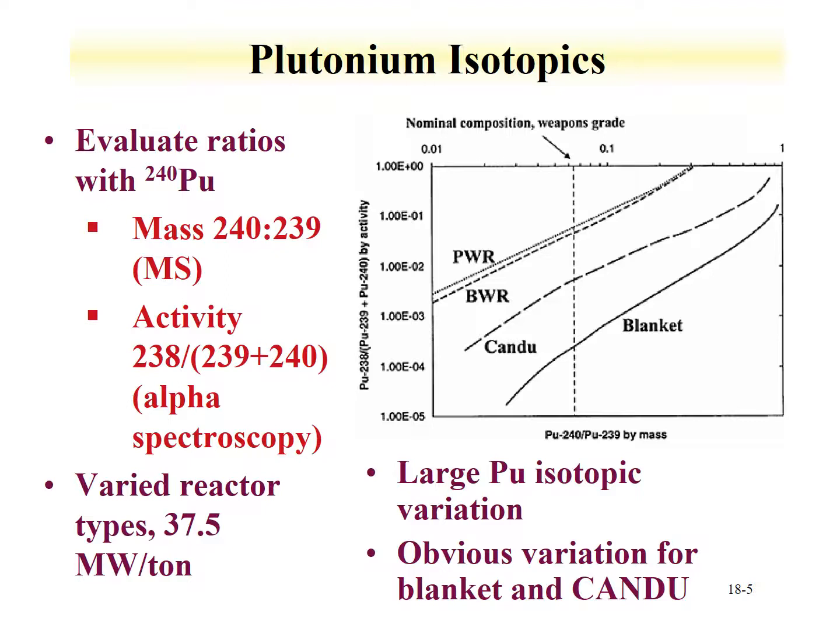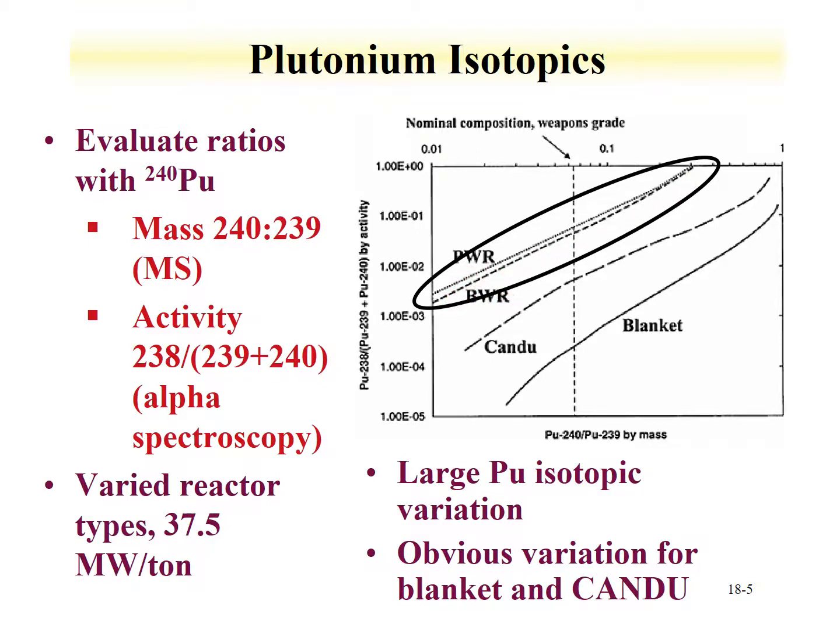Plotting this is shown here, where the plutonium-238 divided by the plutonium-239 plus plutonium-240 activity is plotted against the 240 to 239 mass. What's shown here, and this is varied reactor types at 37.5 megawatt-days per ton, is that you can even evaluate differences between pressurized water reactors and boiling water reactors, although the difference isn't that great.